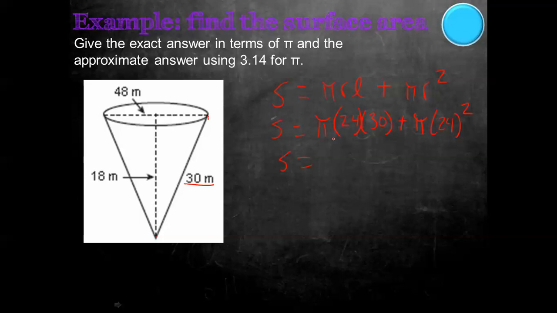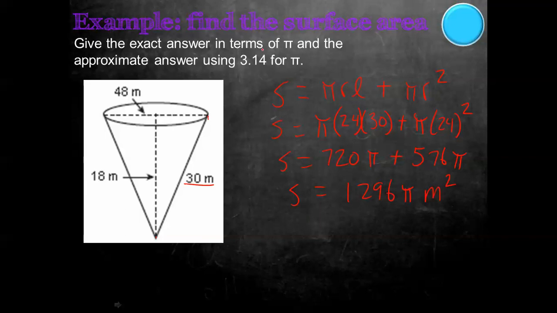We're going to take 24 times 30, which is 720 pi, plus 24 squared is 576 pi. And now we're going to add those together, 576 and 720, which is 1,296 pi meters squared.